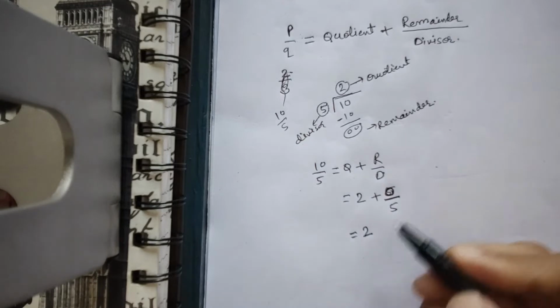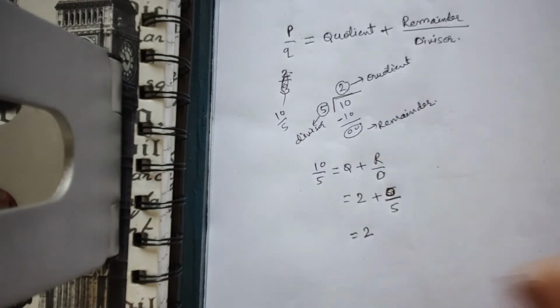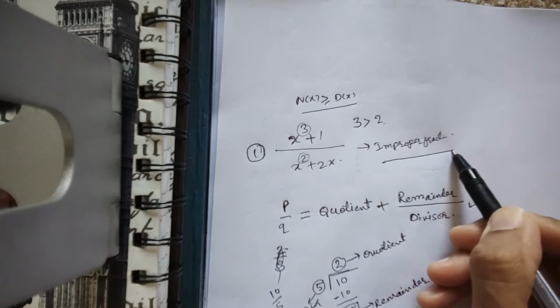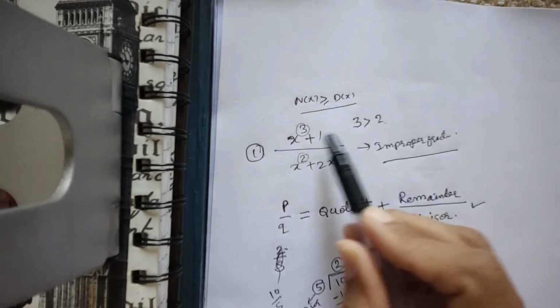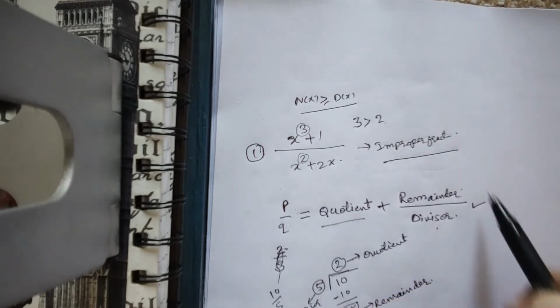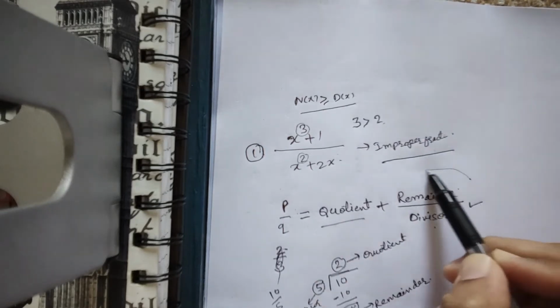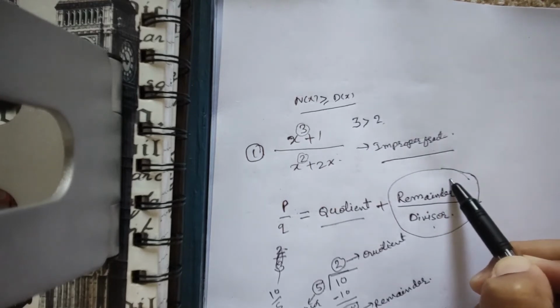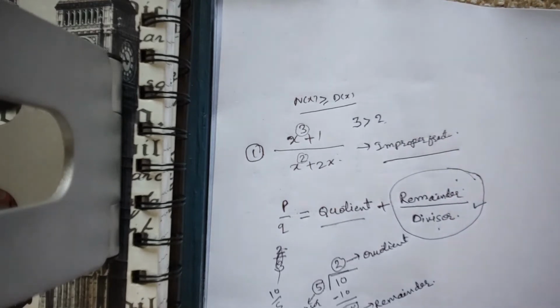This is the general rule and we apply it to any division. Here we are going to use the same rule for improper fraction. First of all we actually divide the fraction, then we find the quotient, remainder and divisor, and we write it in this form. This part will convert into a proper fraction, and then we will apply case 1, case 2, case 3, whichever is applicable, to find the partial fraction.